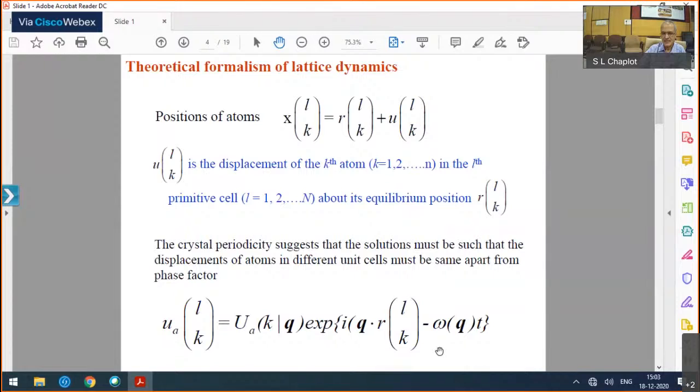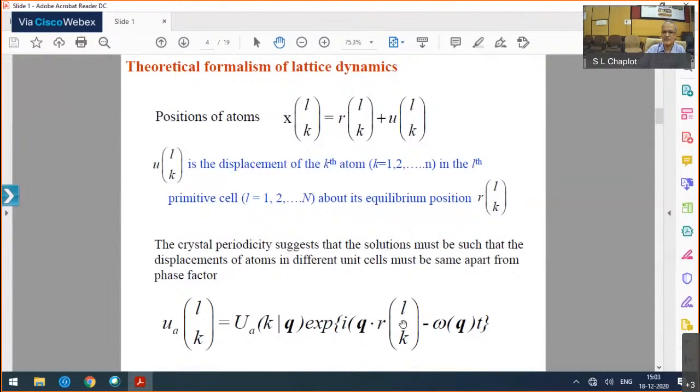Now here, I would like to tell one thing, that this equation is sometimes expressed slightly differently, in the sense that the phase factor, often here I have used a convention in which the phase factor also has the atomic position within the unit cell, whereas alternatively, it will use only the position of the unit cell and not the atomic positions, and that phase corresponding to the atomic position is absorbed in this prefactor.